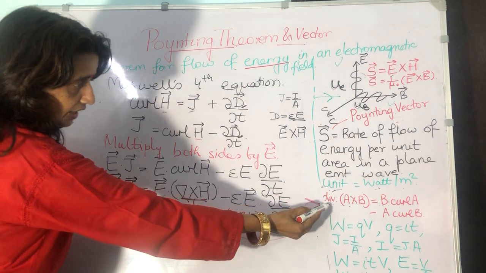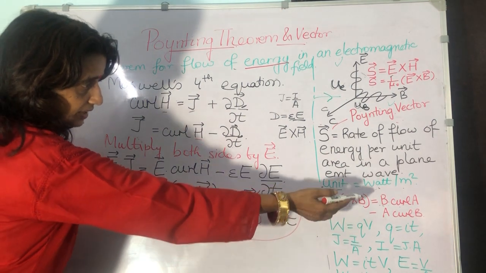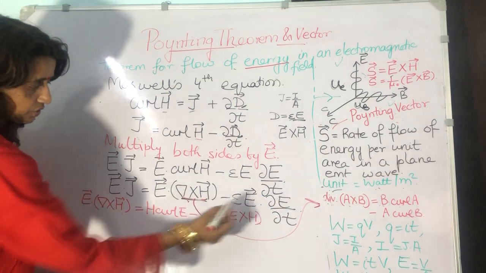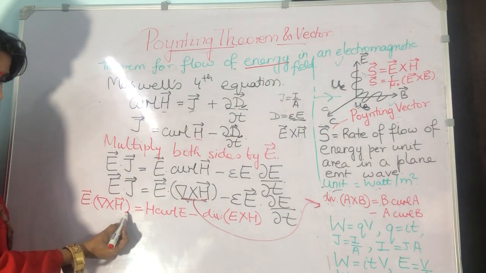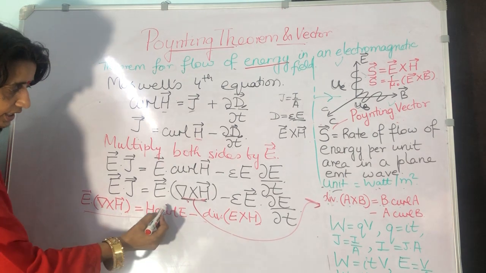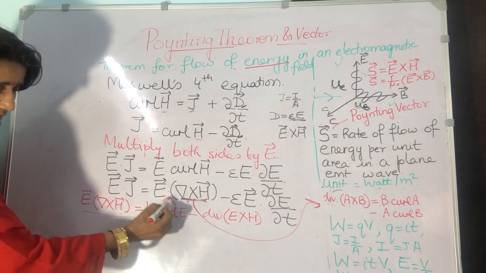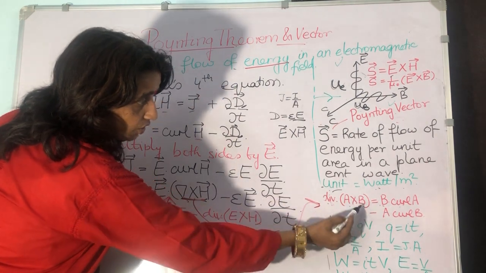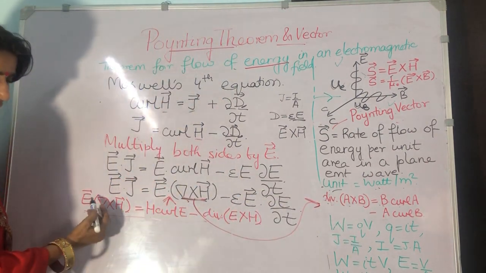How have we done it? We have just put this divergence term on that side and we have got A dot curl B this side. So from this formula it becomes this much. Putting this value in the expression above, we have put this divergence on that side and got this here, and this becomes similar to this.